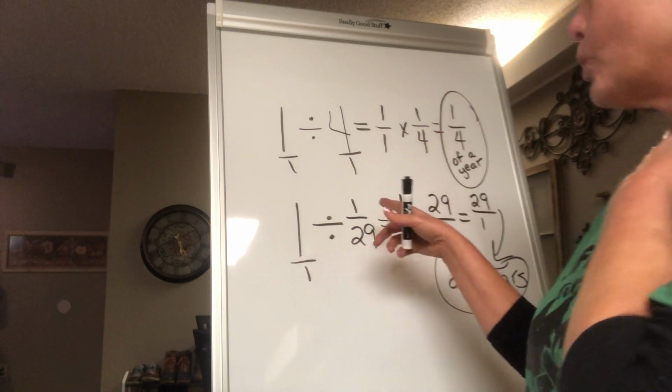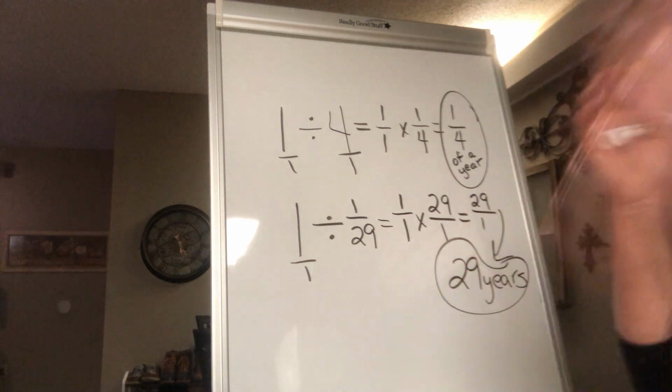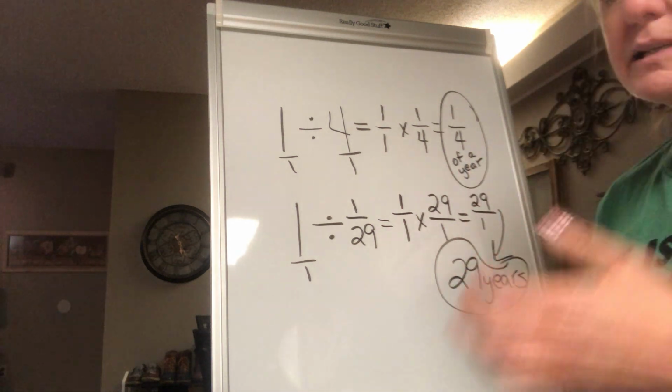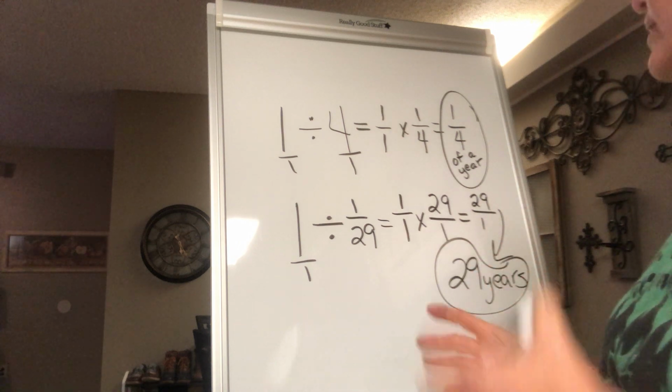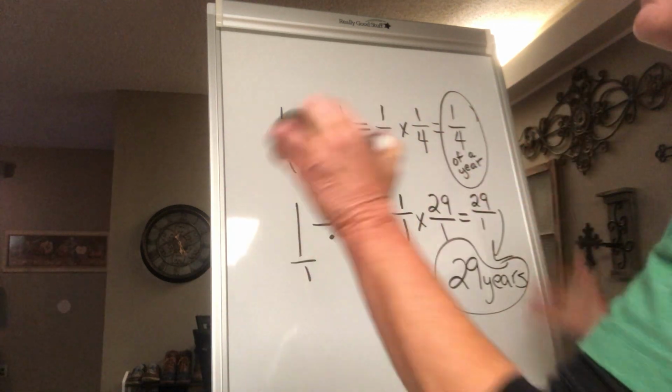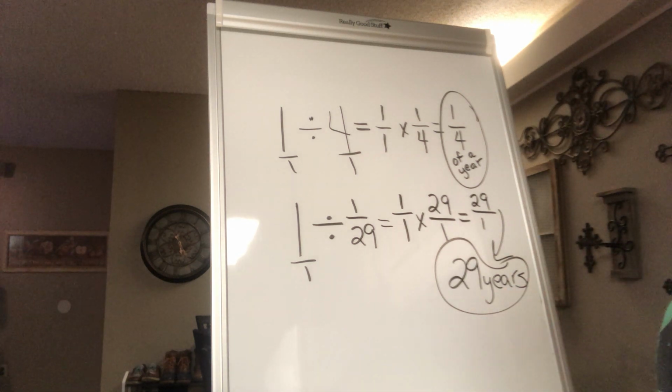Dividing by 4 is the same as multiplying times 1/4. We have to get that, what answer is reasonable. We have to really focus on that. That way we don't ever divide in the wrong direction because it does matter what order you divide in.